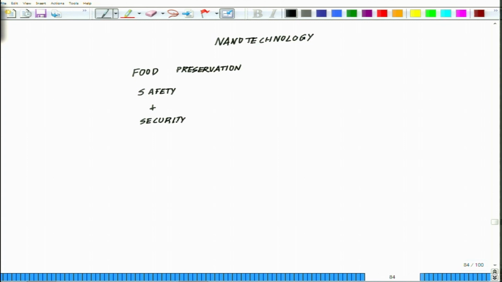So, these are some of the very important aspects we are going to delve into today.